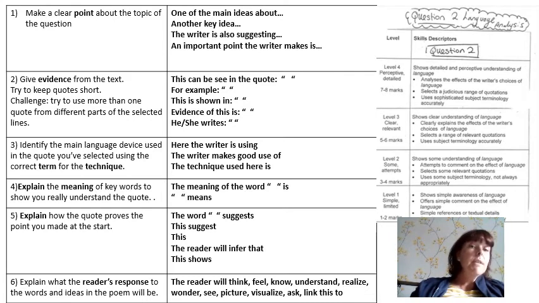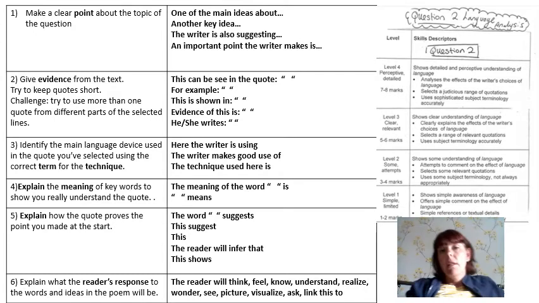But you'll notice that the top bullet point is always the most important one in the mark scheme, and it clearly explains the effect of the writer's choices of language. And that's the way that you're going to earn the most marks here. For a level 3, you'll be getting 5 or 6 marks out of the 8, and it's that clear explanation. You're really showing you understand why the writer chose those words and phrases and the intended effect on the reader.